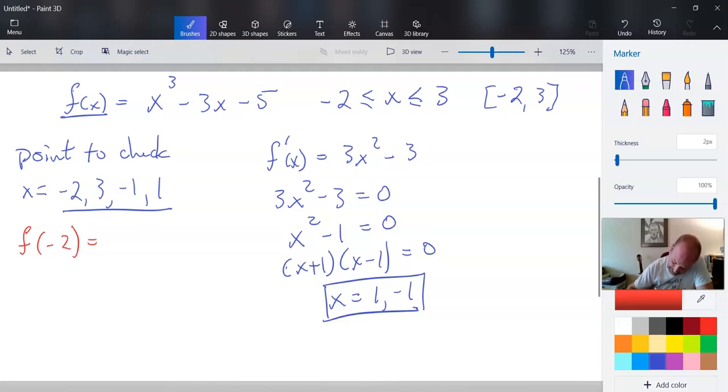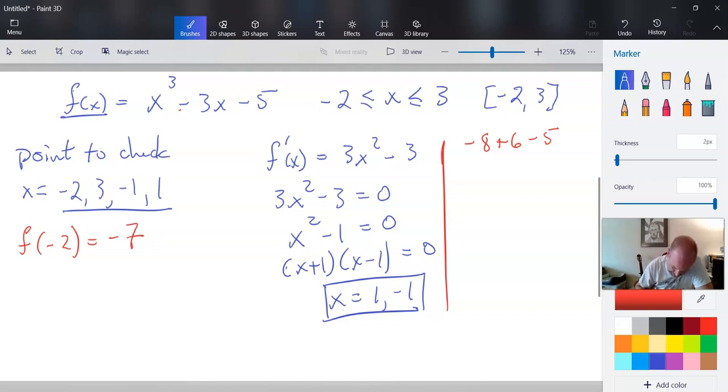I'm just going to kind of scratch this stuff out on the side. So -8 plus 6 minus 5. Is that right? Yeah. That would be -7. So we have the point -2, -7 is our first point.